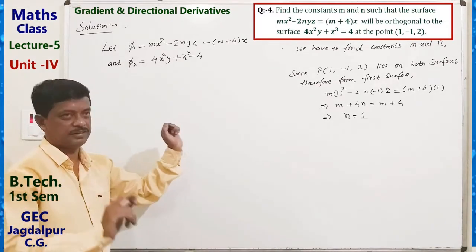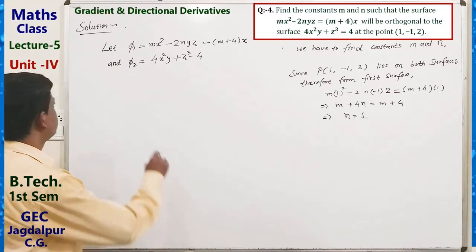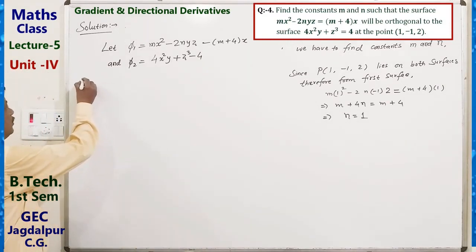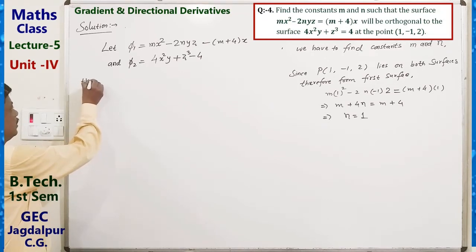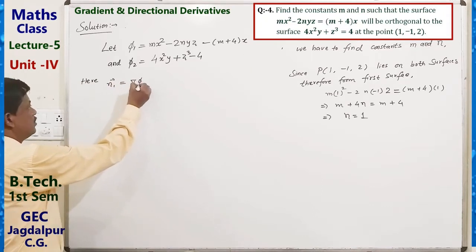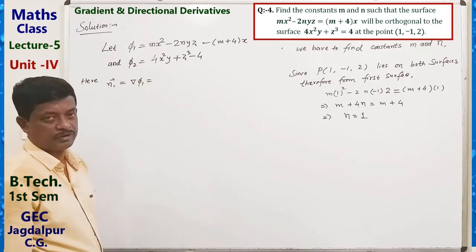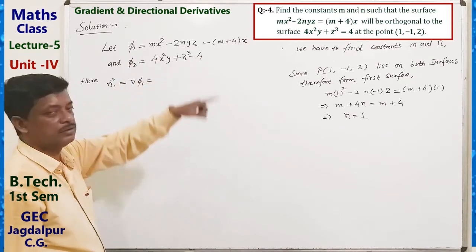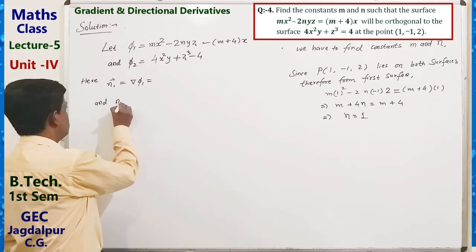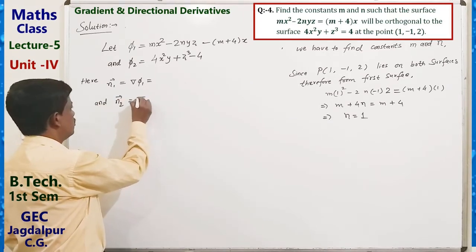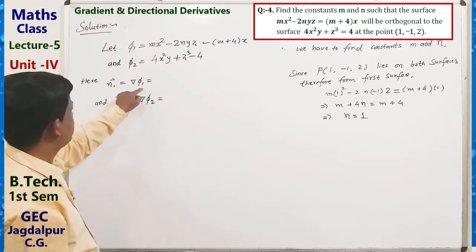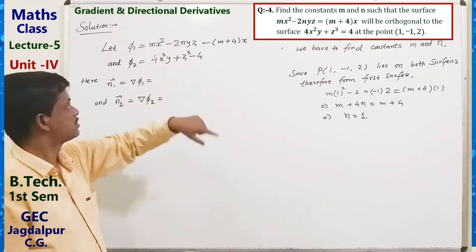Now second surface. Here n1 equals to del phi 1, normal to the first surface, and n2 normal to the surface phi 2. What? Del phi 1 means i del by del x of this.